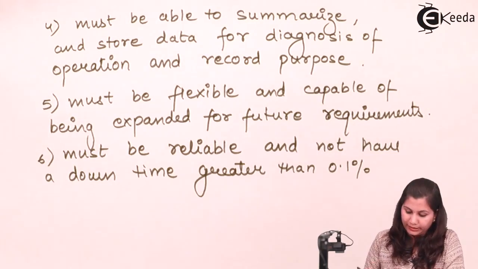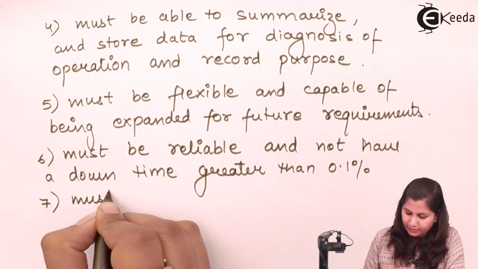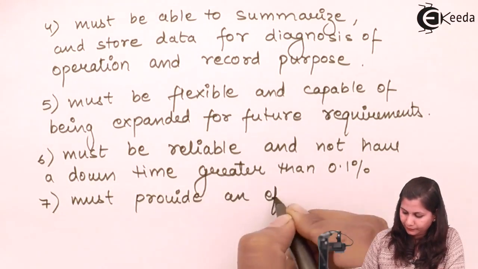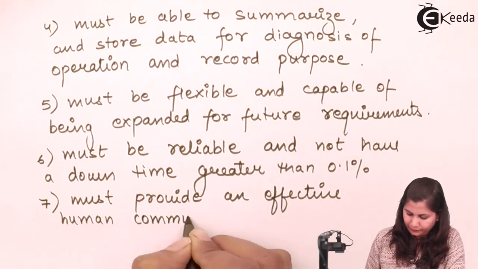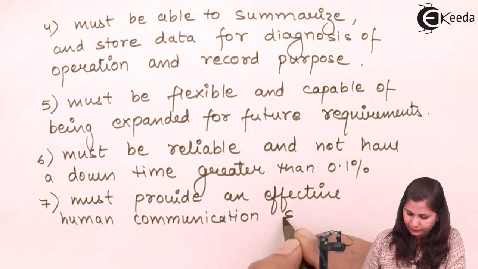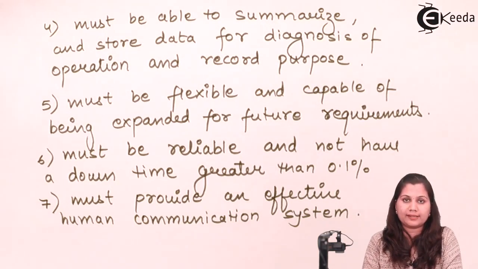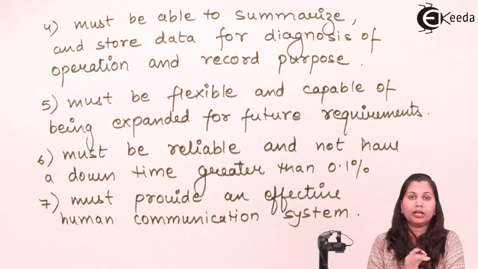So the next objective is that it must provide an effective human communication system, because the operator of the system is a human, so that the human can easily understand the output and it is in a readable form.